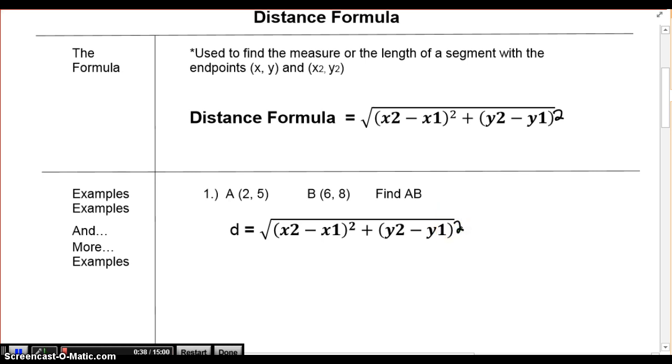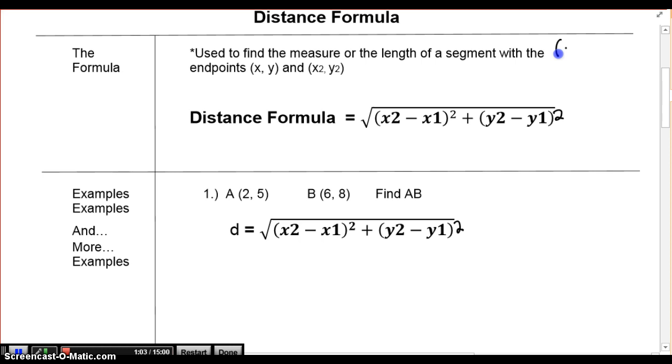I want to talk about this formula first before we start actually plugging in some numbers. First and foremost, the thing most people get really concerned about is, what is this whole x2, x1, y2, and y1 thing? All right, so let's take a look at an example. The x2, x1, the y2, and the y1 come from an ordered pair.